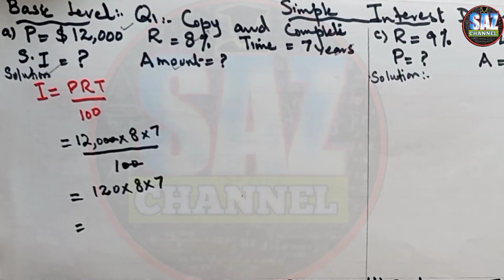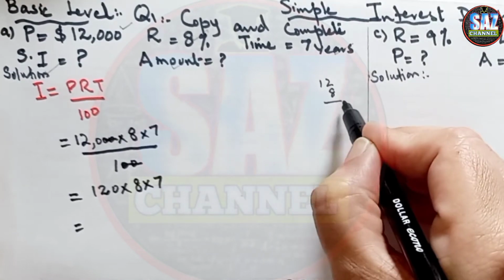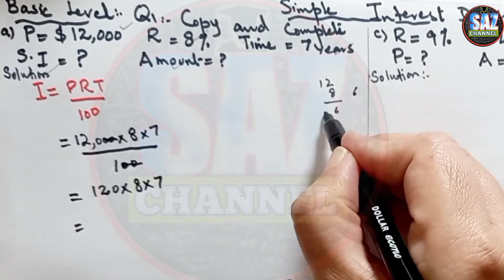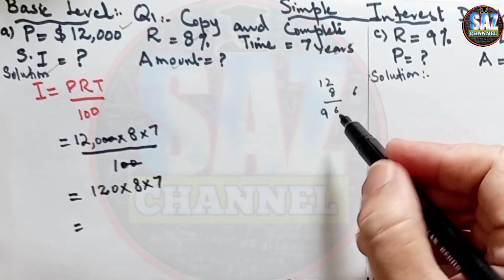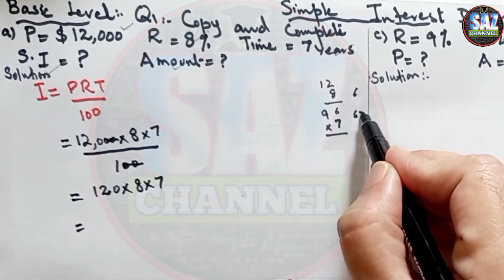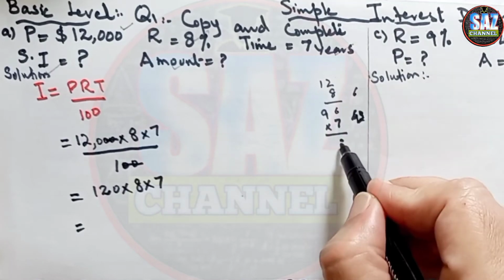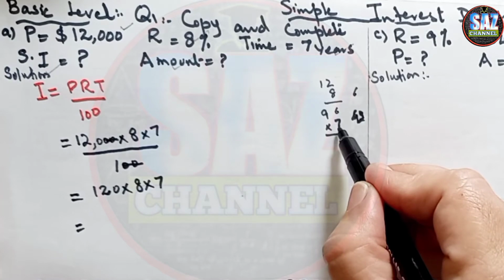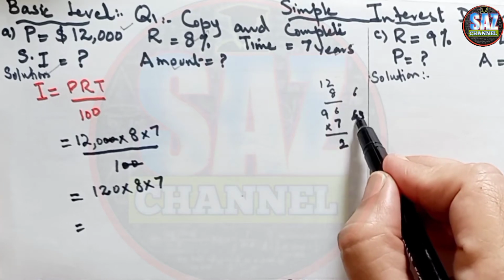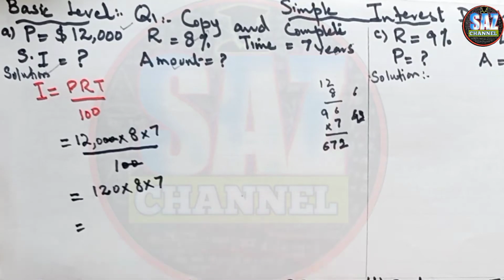Then I have to multiply that by 7. 9 7s are 63, 6 7s are 42, 42 plus 6 is 48, and then I will include this 0 as well.